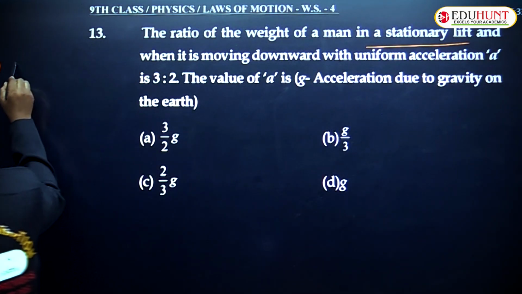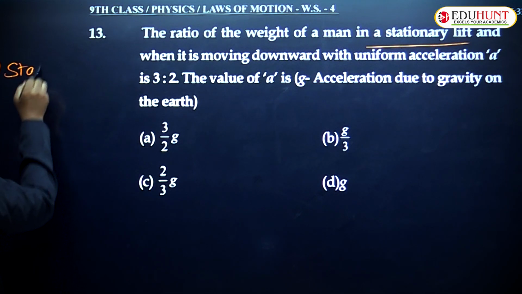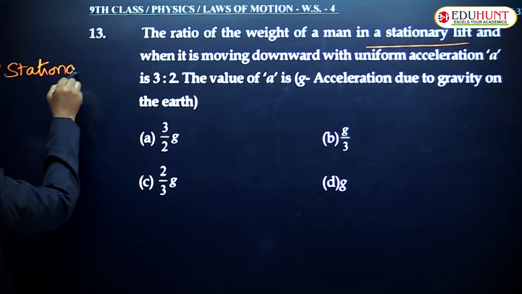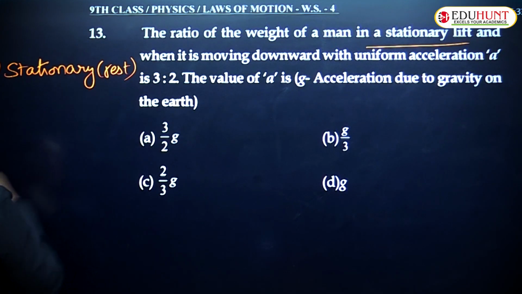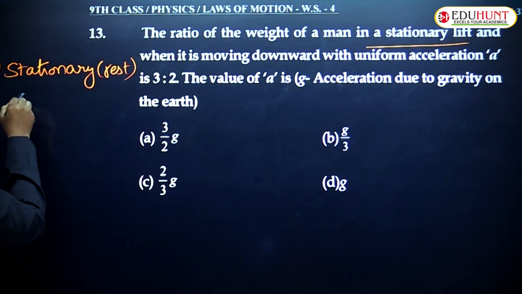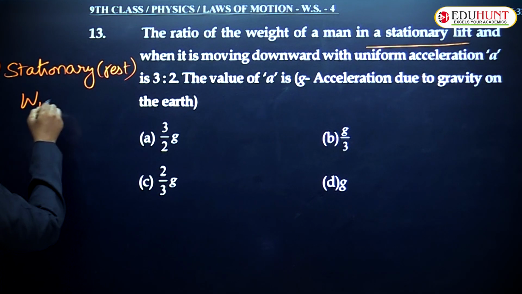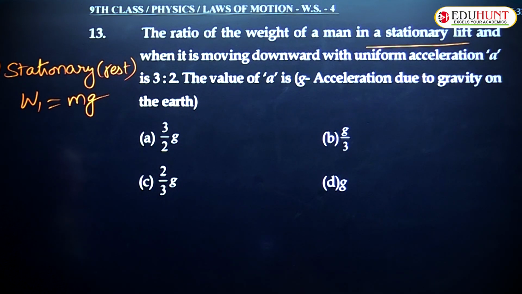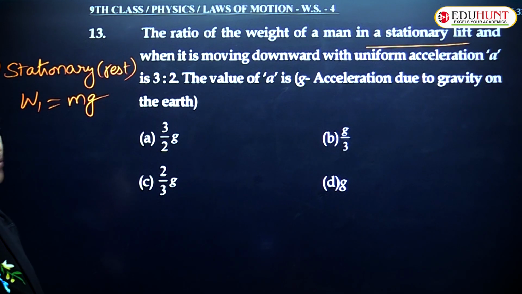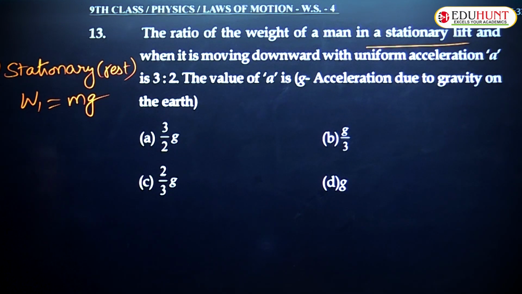Stationary means rest condition. Whenever the lift is in rest condition, we can say that the weight of the man, W1, is simply equal to mg. But case 2, when it is moving downward with uniform acceleration.